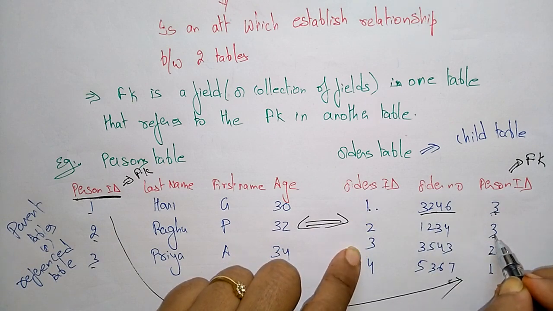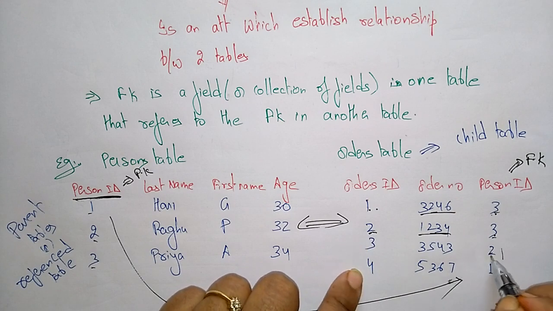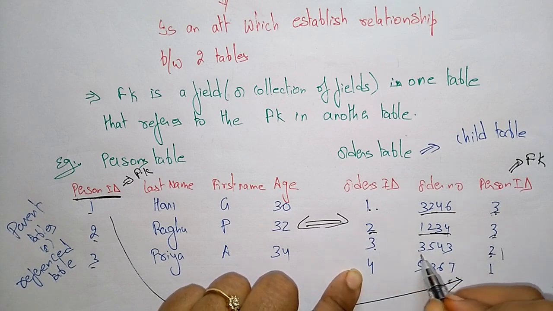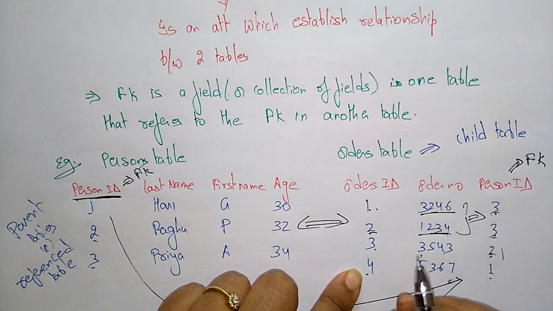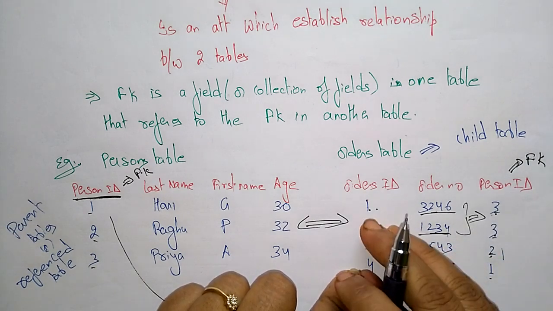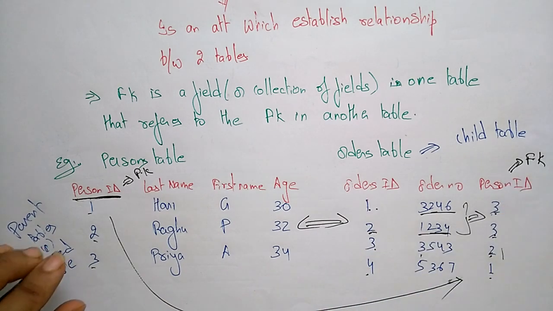Again person 3 is ordering another item and the order number is this. And the second person is ordering a third item and the first person is ordering the fourth item. So a single person can place multiple orders. That's why this is a foreign key.